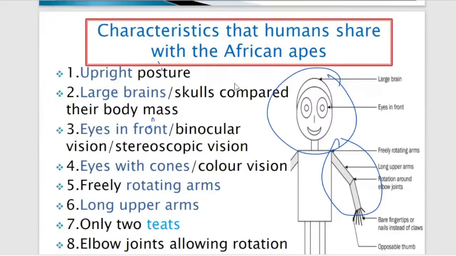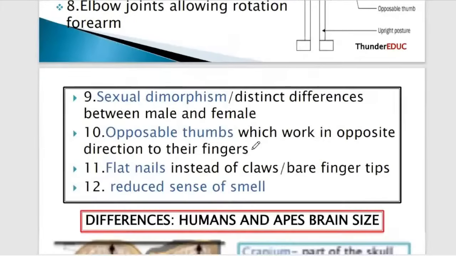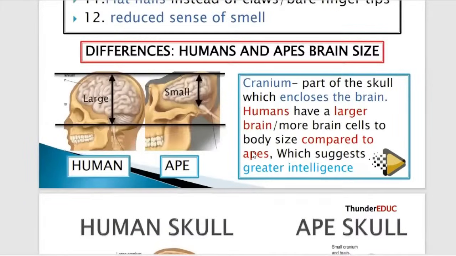When you talk about the head, look at your head and describe exactly what you have: large cranium or large brain, eyes in front. Then you get the marks. It's not a big deal there.